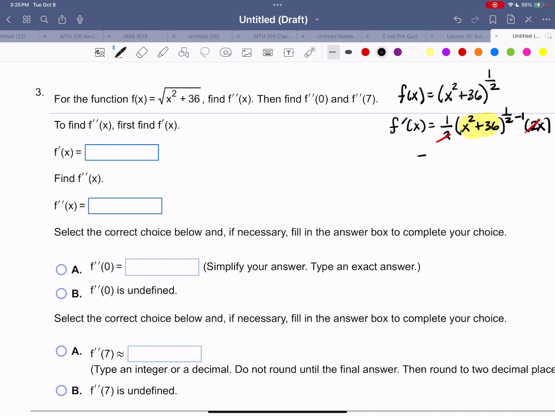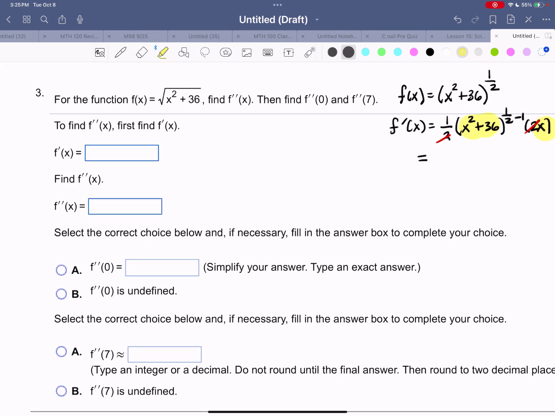So that's going to give me, look, this x is going to be on top. And that square root, x squared plus 36, I'm going to leave it with a 1/2 power, is going to be in the denominator. Now, you can leave it as x times x squared plus 36 to the negative 1/2.